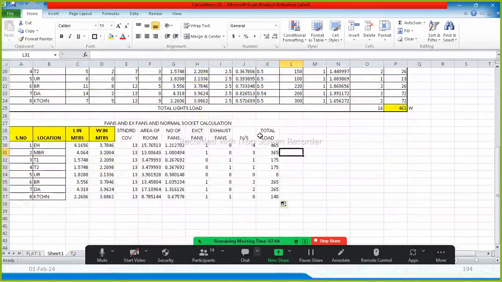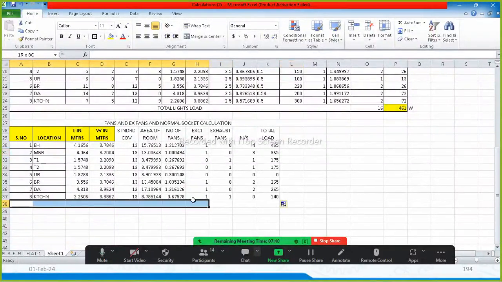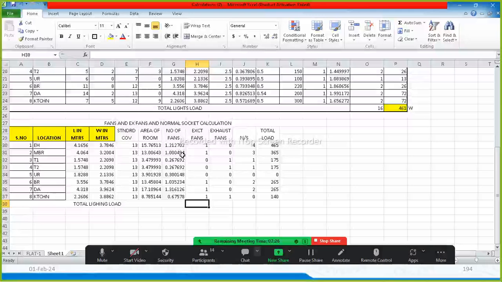Okay, so this is about the total load, which includes the total. I'll write it as lighting load only.